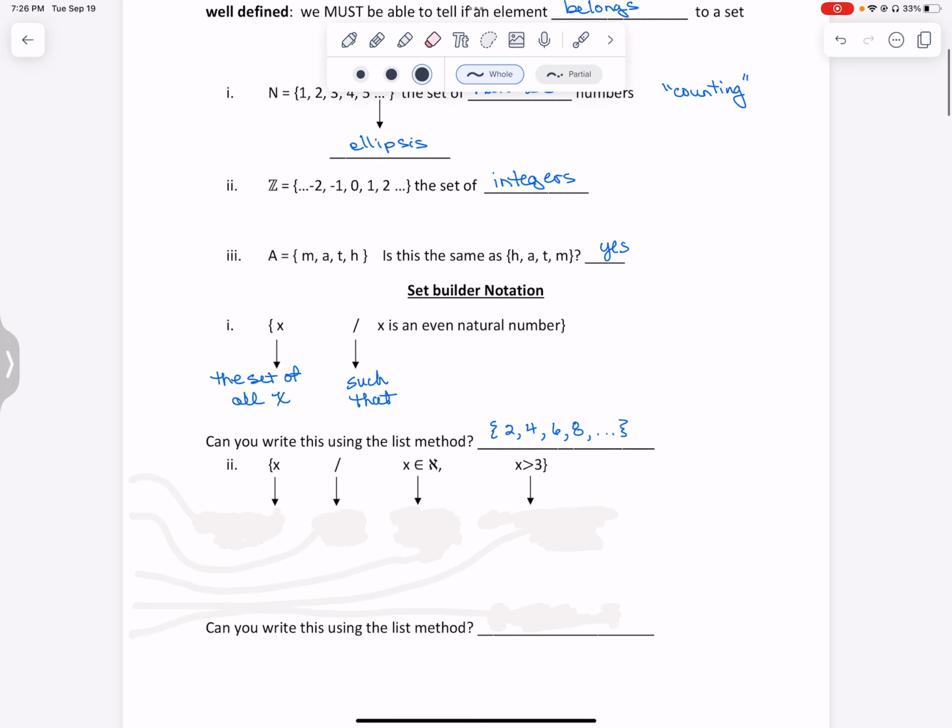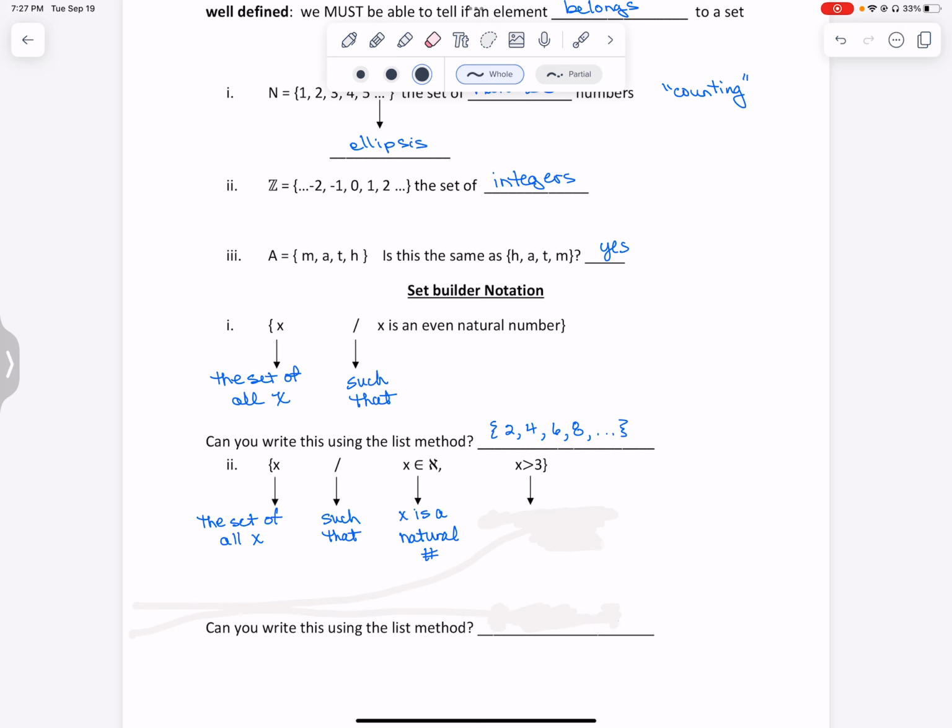So let's do this next one. The set of all X, the slash means such that. So the set of all x such that x is an n. What is an n? That was our natural numbers. So x is an element of the natural numbers, so we know we're talking about our counting numbers.